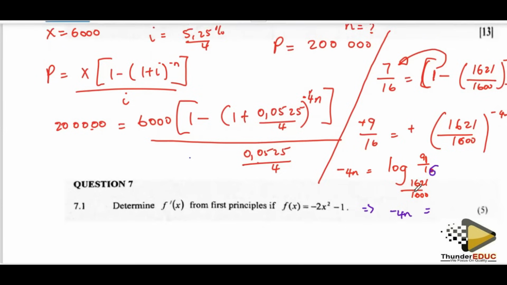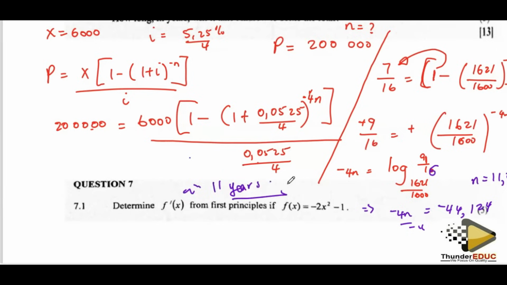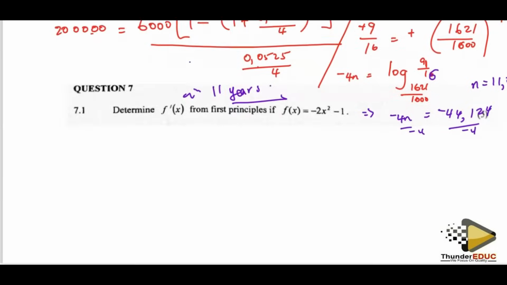I'm getting negative 44.124. Then I can divide both sides by negative 4, and then my n becomes 11.03. So this guy is going to take approximately 11 years. Okay, that would be my approach to that question.